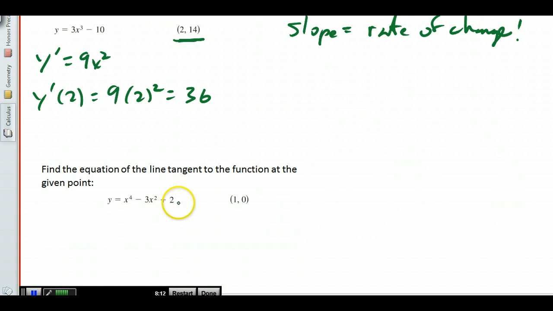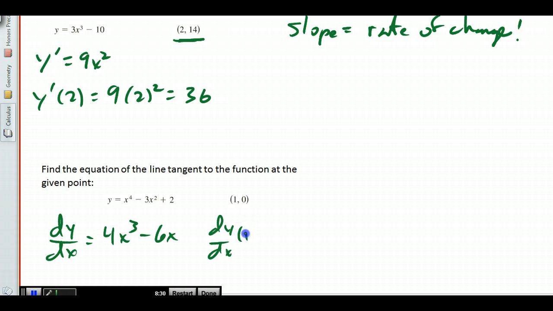And if I want to get the graph of the tangent line to a function at a given point, I just need a point and a slope. So dy dx is 4x cubed minus 6x. We plug in 1. So dy dx of 1 is 4 times 1 cubed minus 6 times 1, which is negative 2.